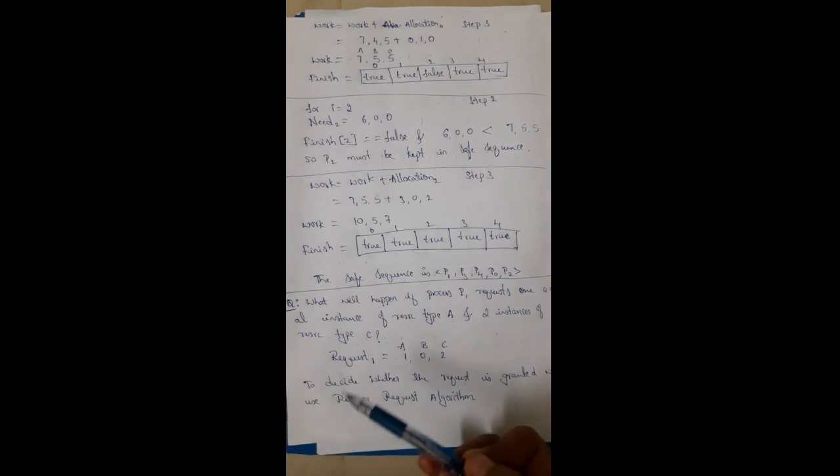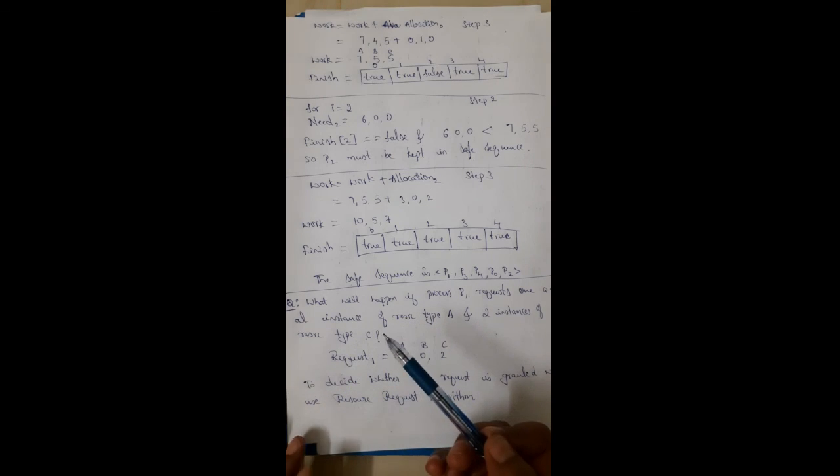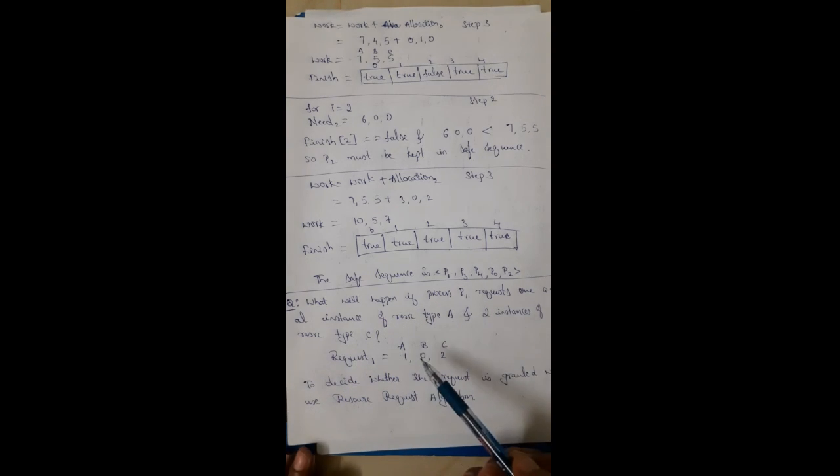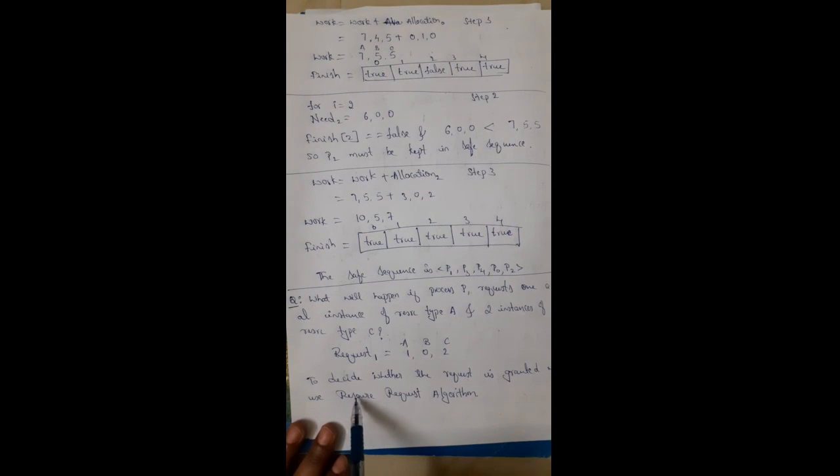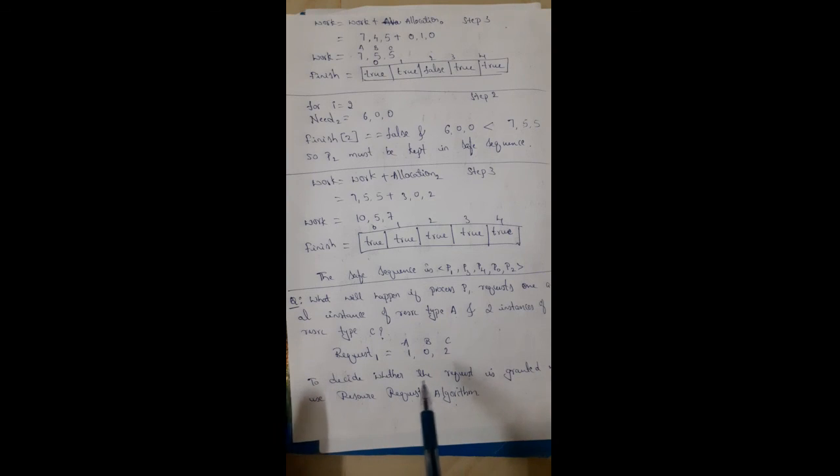So we have to check whether the requested resources can be immediately assigned or not. That can be checked by following the resource request algorithm. This is the second algorithm under Banker's algorithm. We'll see that particular algorithm now.